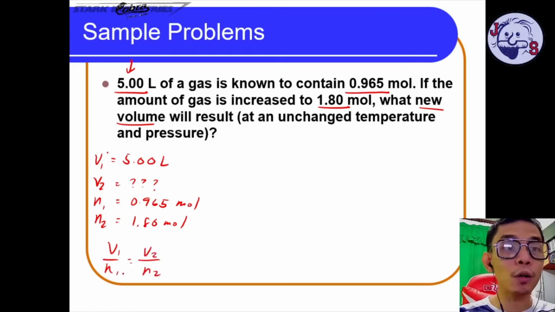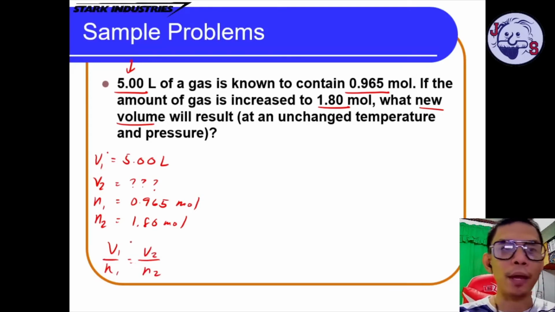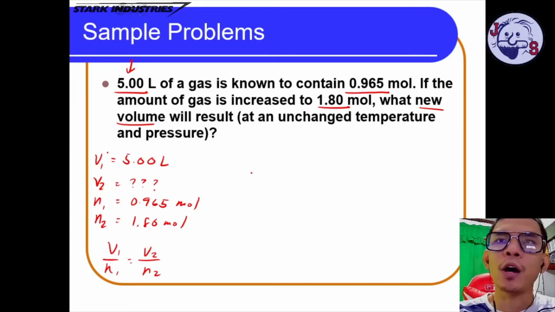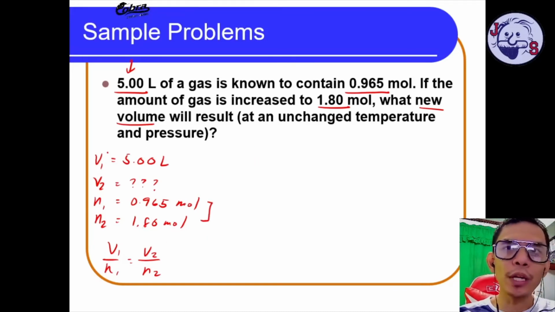But before we go even further in solving this problem, let's take a good look at what answer we expect. What answer do we expect on this problem? Let's take a look at this 2. We know that N sub 2 is greater than N sub 1.